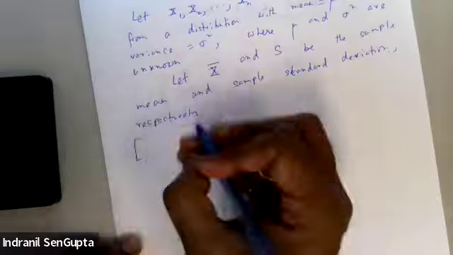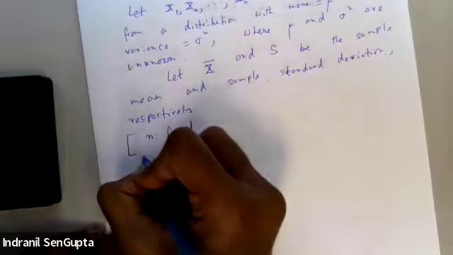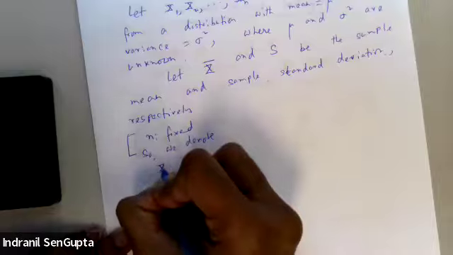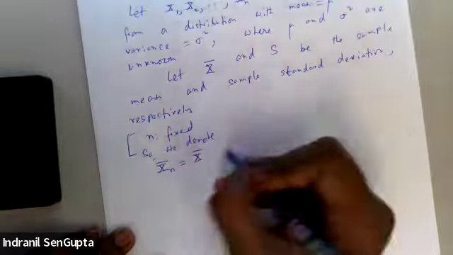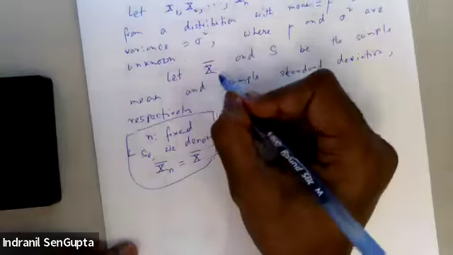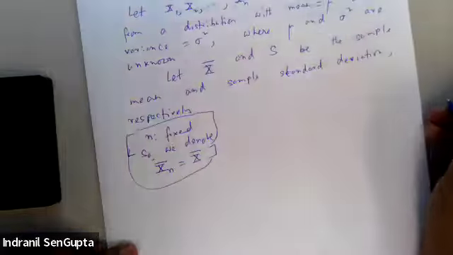Once again, N is fixed, so the number of samples is fixed. So we denote X bar N as X bar. It's a notation. You can of course use the suffix N, that will not change anything.